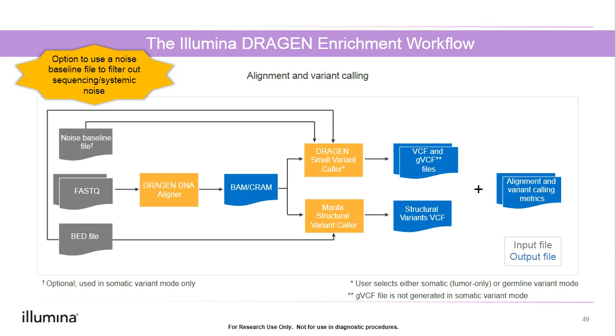Custom noise baseline files can be generated using the BaseSpace DRAGEN Baseline Builder app or the standalone DRAGEN BioIT platform server. Another thing to note is that for the small variant output, in Germline mode, both the BCF and GVCF files are generated, whereas in somatic variant calling mode, only a VCF file is generated.